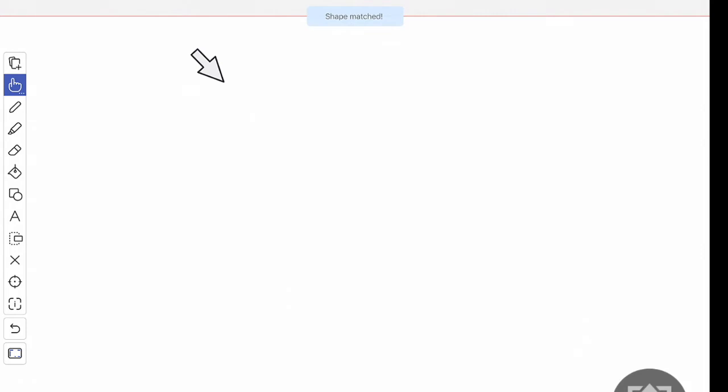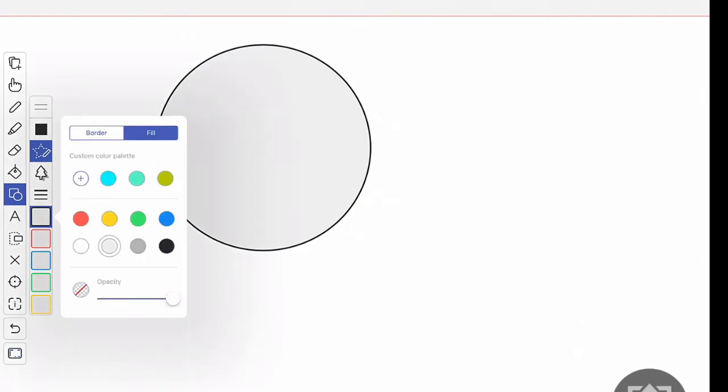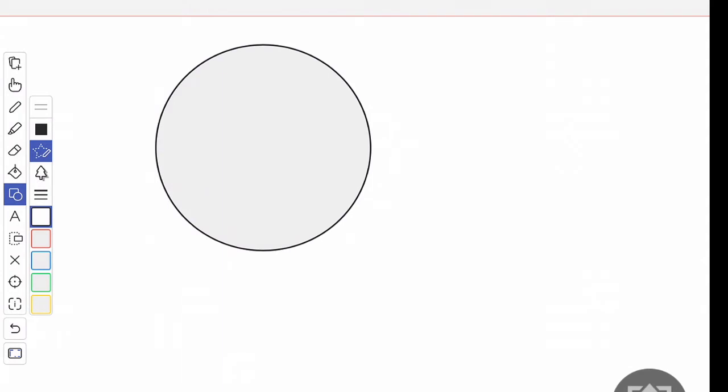Okay, so now let me explain to you what a spherical mirror is. So let us say I take a sphere. Actually, let me do one thing. Let me redraw this. I don't like the sphere.